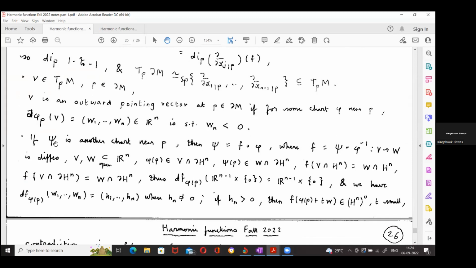Okay, so suppose psi is another chart, right? Then I can write psi as F composed phi, where F is the change of charts.